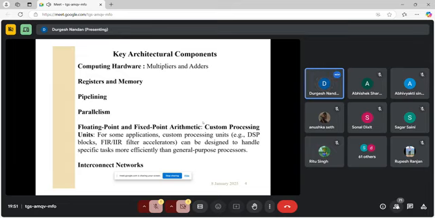Then there are popular optimization techniques, used every year to optimize area, power, and delay: pipelining and parallelism. Then floating point and fixed point arithmetic, and the last one is the interconnect network.